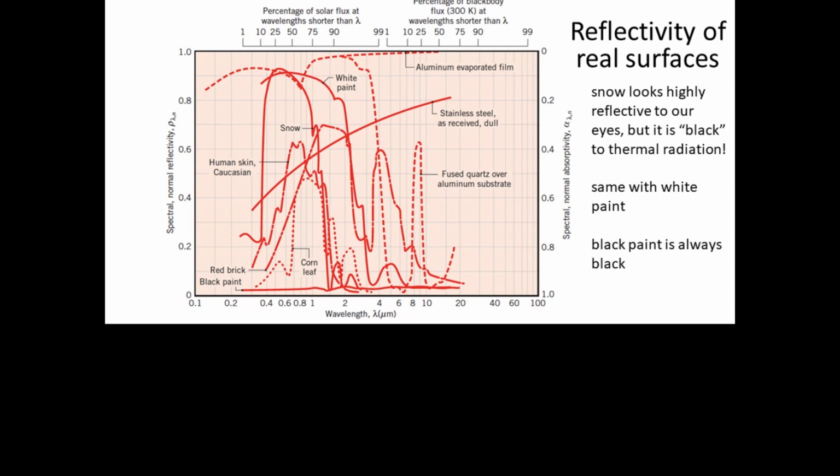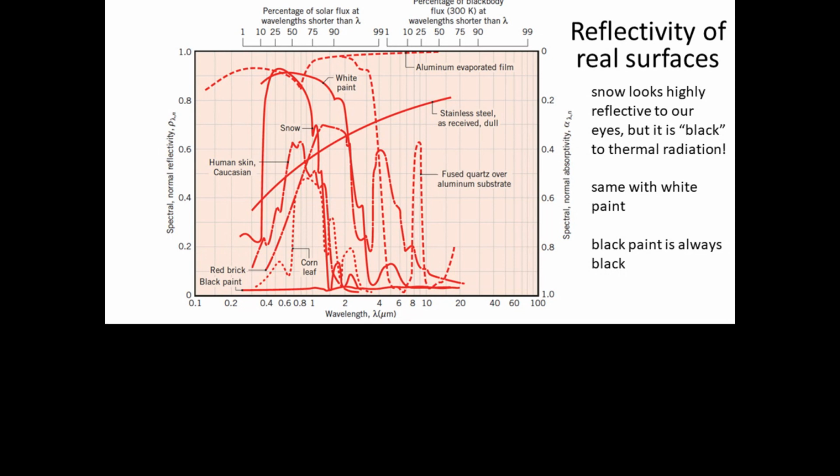But here we have some interesting things. Look at this. Snow. Visible light is between 0.4 and 0.6. Snow is essentially a mirror, right? That's why you need shades when you go skiing, right? Those people who, the Eskimos used to have these special glasses to prevent the reflection, right?